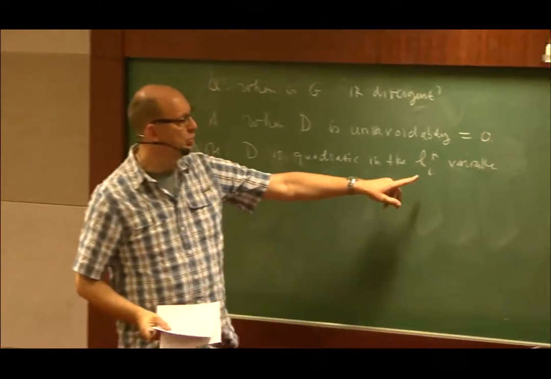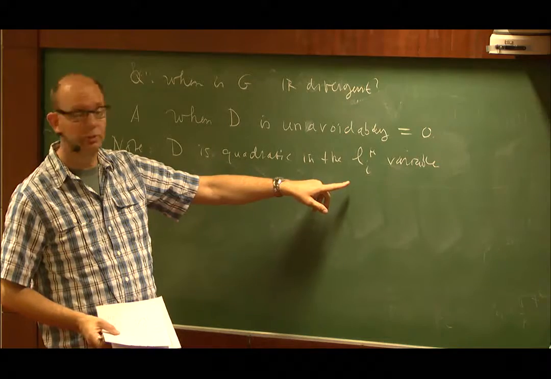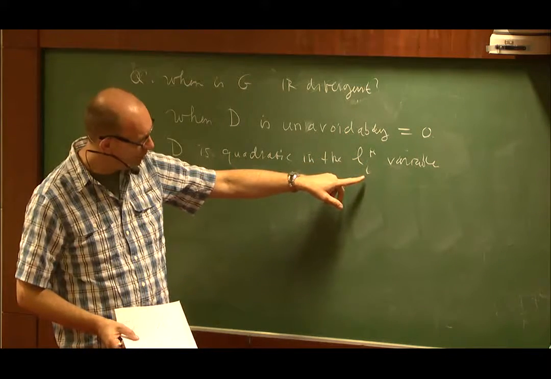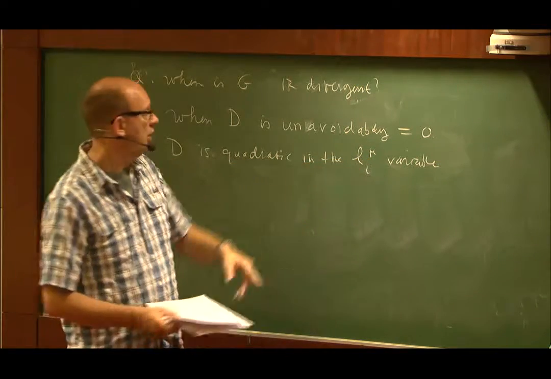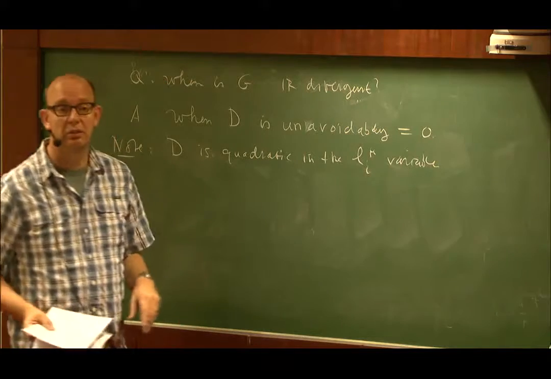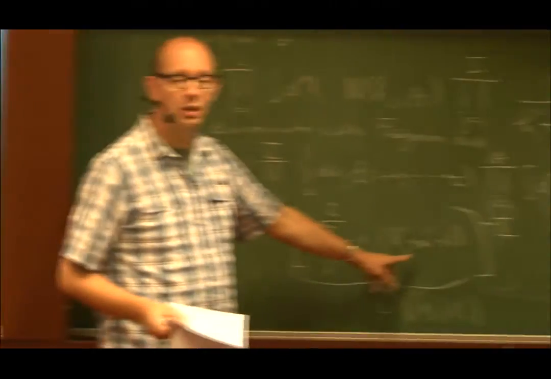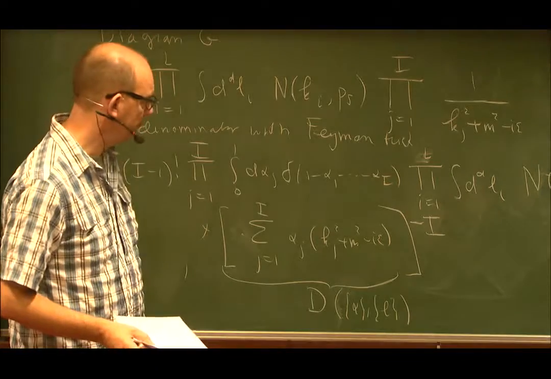The i-th loop has a four-momentum l^mu, and for each loop momentum and each component of that loop momentum, D is quadratic, because it's always a sum of momenta squared, etc. Right, so it's always quadratic.